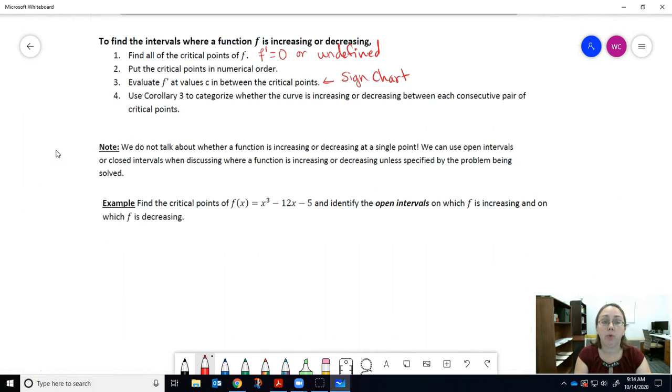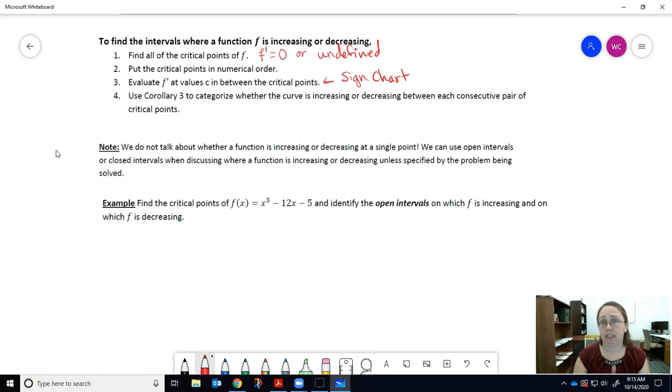Note, we do not talk about whether a function is increasing or decreasing at a single point. We can use open intervals or closed intervals when discussing where a function is increasing or decreasing unless specified by the problem being solved. So if you were writing your answer on paper, I wouldn't care if you did open parentheses, like open interval, or brackets to tell me where it's increasing or decreasing.